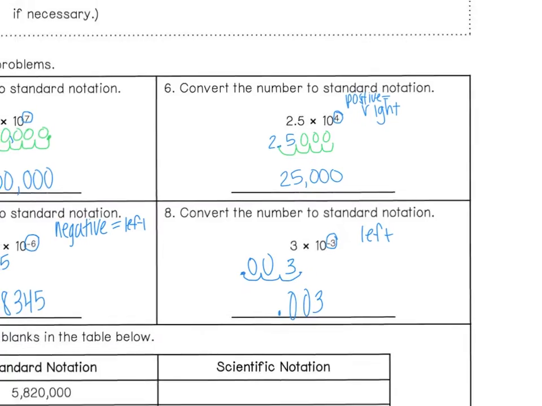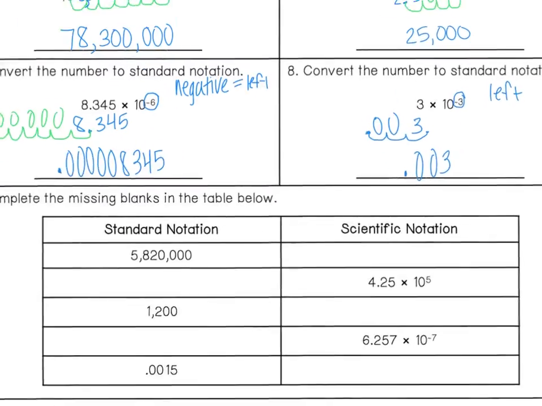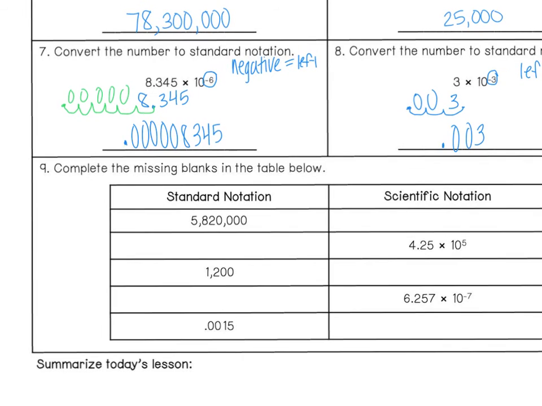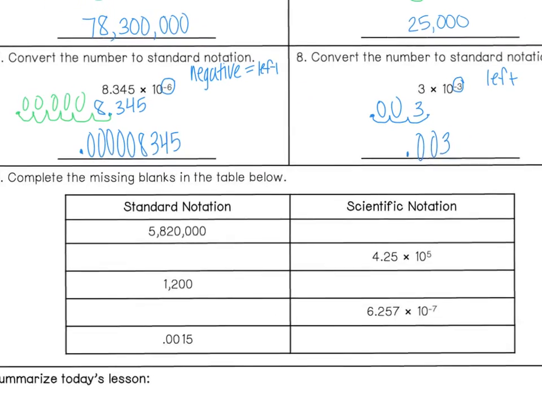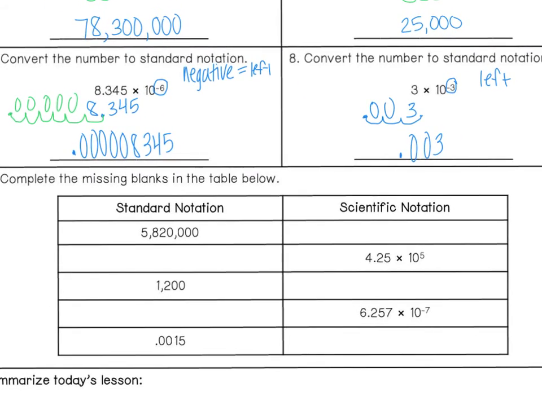Alright, so my next one is to fill in the missing blanks on the table. So we might have to convert from standard notation to scientific or scientific to standard. So from a little bit of a review, we are going to convert this standard notation to scientific.